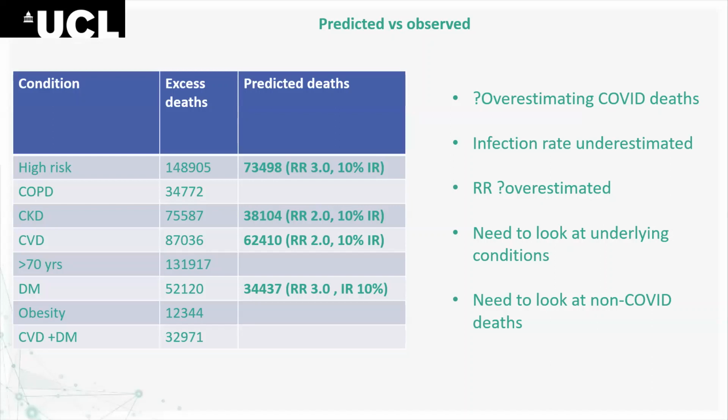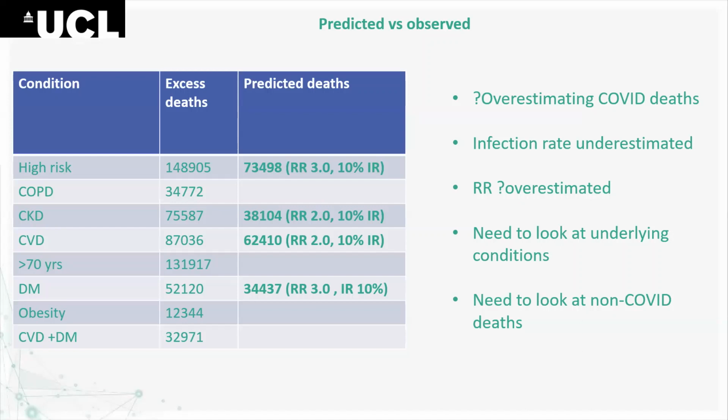We had published various predictive models based on different relative risk estimates, different infection rate estimates. And so, for example, in that Lancet paper, we had predicted about 70,000 deaths with a relative risk of 3 and 10% infection rate. Obviously, there's far more deaths.